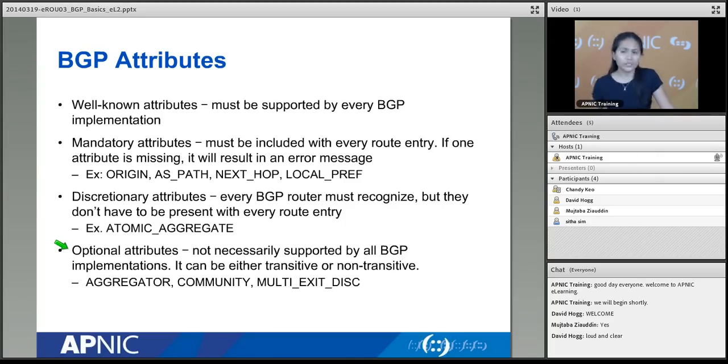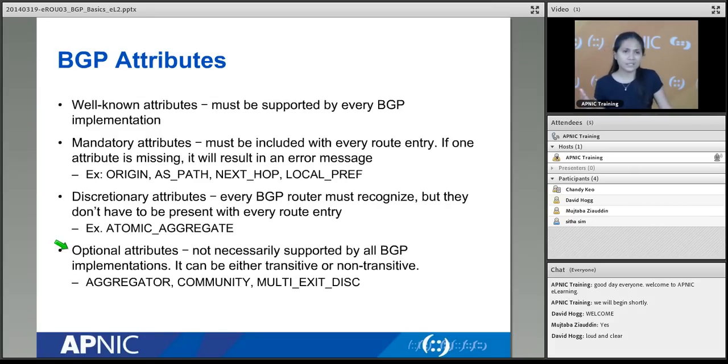Optional attributes are either transitive or intransitive. There's a special flag that tells you whether it's transitive or intransitive. With transitive, even if I don't understand a certain attribute, I'll have to forward it. I'll have to pass it on.